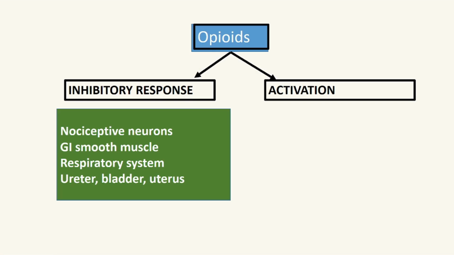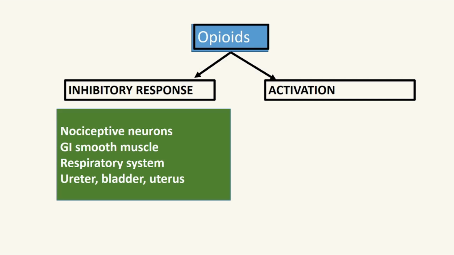Opiates are mu agonists. Then there is also the inhibitory response of the GI smooth muscles, meaning they reduce gastric motility, which results in constipation. And there is also the inhibitory response in the respiratory system, so they can result in overdose and respiratory depression.